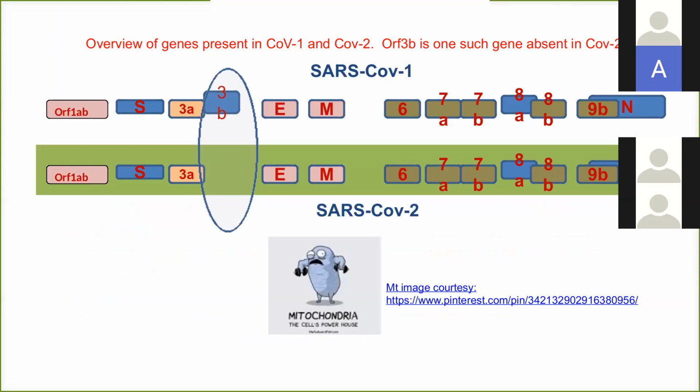A healthy cell usually has anywhere between 400 to 2000 mitochondria per cell, which allows us to respire. SARS-CoV-2 goes inside the host cell, absorbs the mitochondria, and ensures that its erstwhile derogatory ORF3b is completely gone, which means SARS-CoV-1 evolved to SARS-CoV-2 at some point during natural selection.